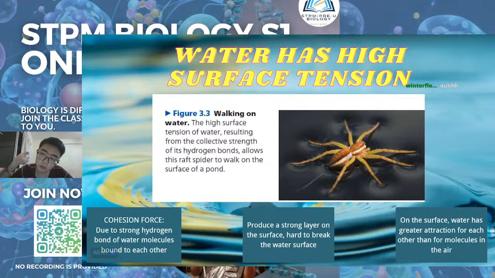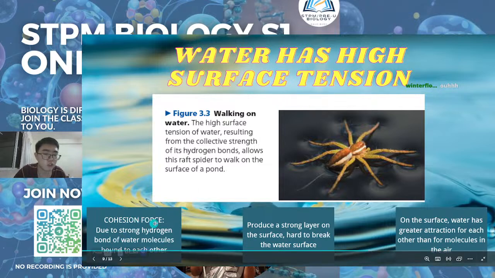And when you strike the water surface straight away, you will feel pain. Maybe you can try it later. If you hit the water hard, you will feel pain. Why? Because of this surface tension. Why is there this surface tension? Because of the cohesion force.